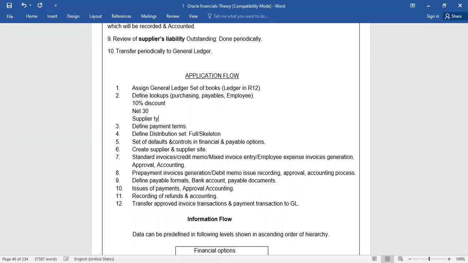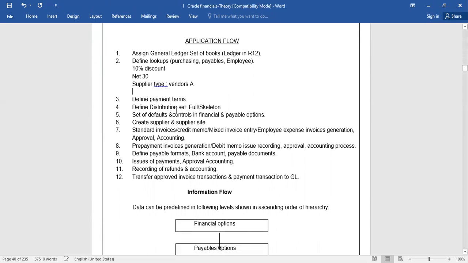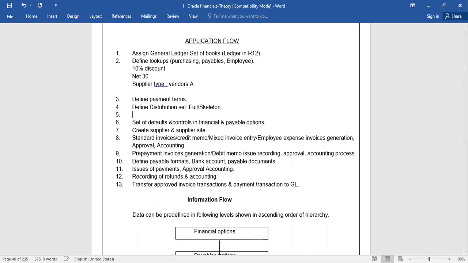And you have some types, or you have to have some supplier type, like email suppliers, or vendors. Vendor we want to clarify. Create under the lookup: payment term, distribution set, full distribution set, skeleton distribution set.